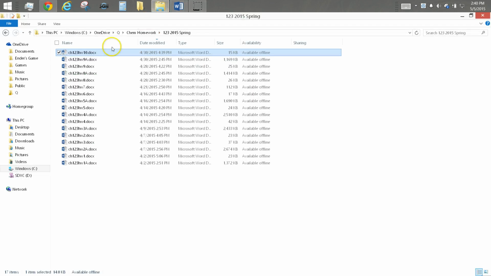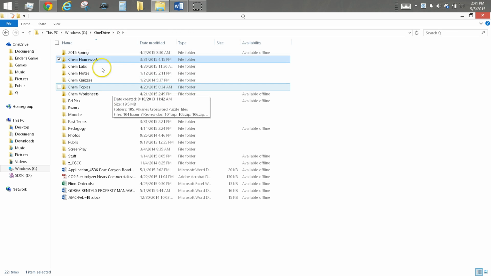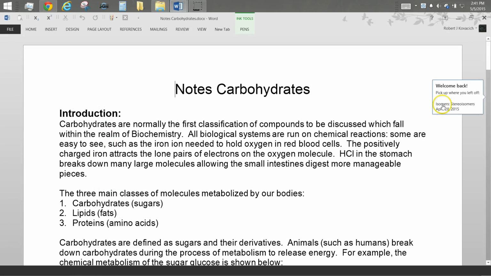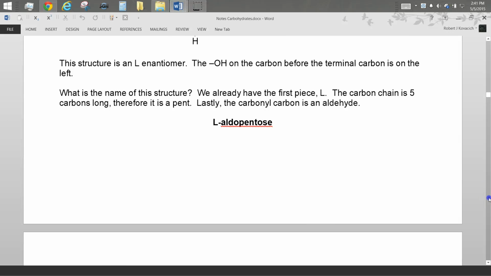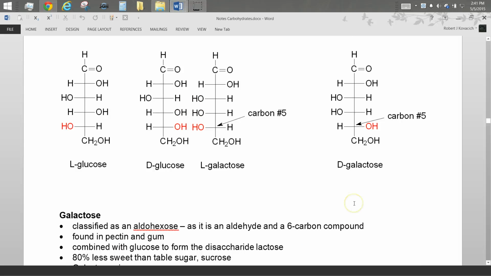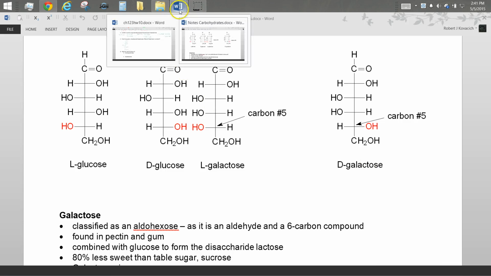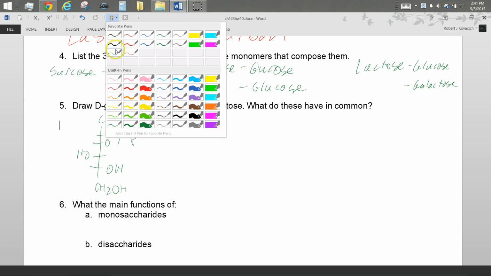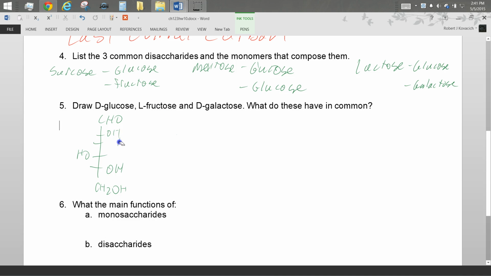I think the second and third carbon flopped. Erase. Cool. There we go.